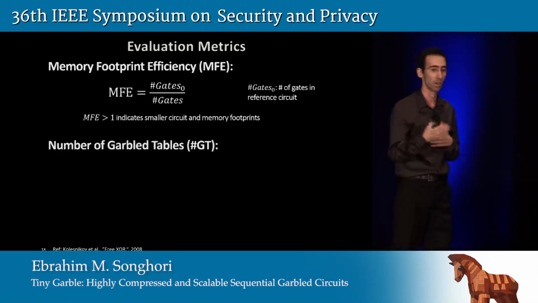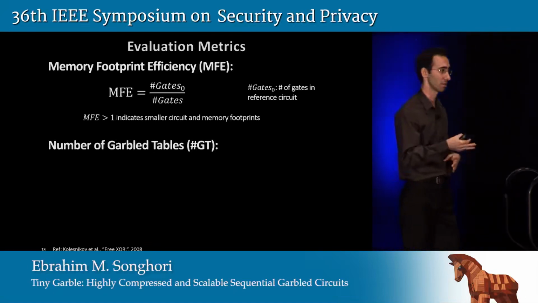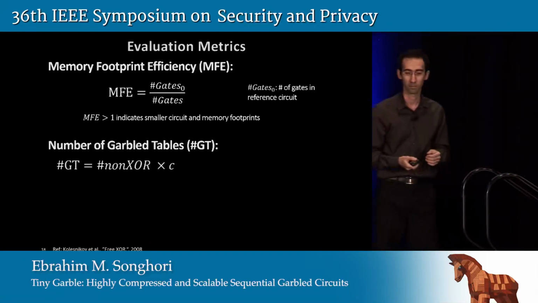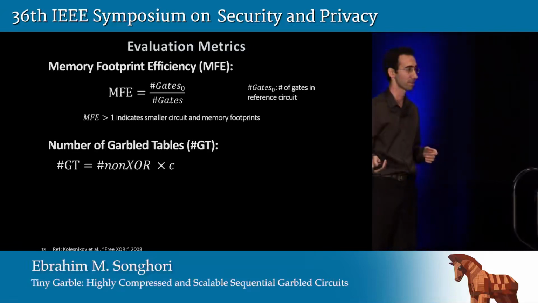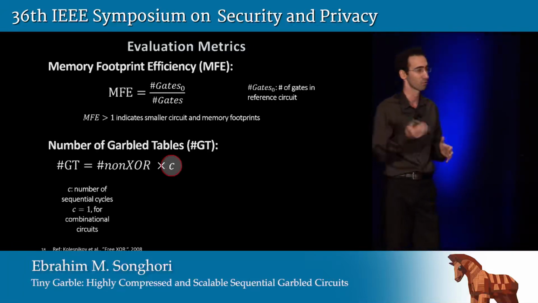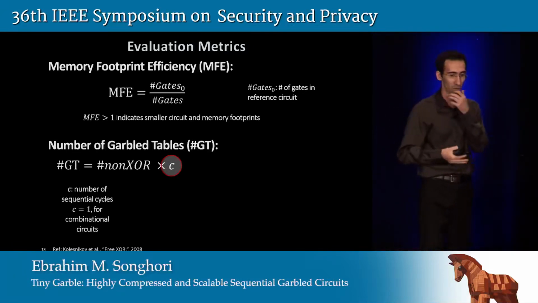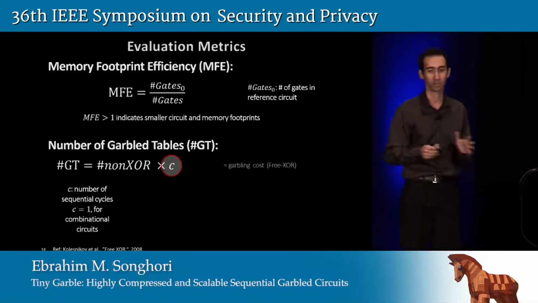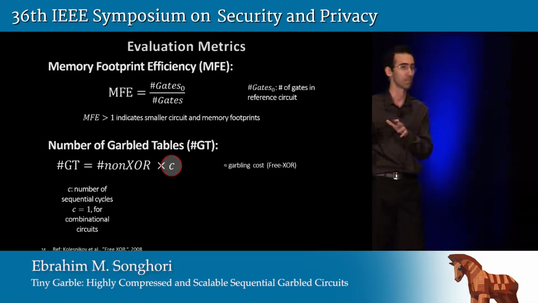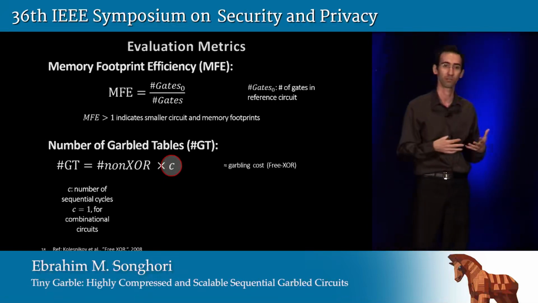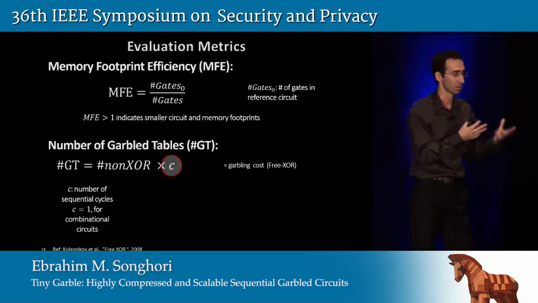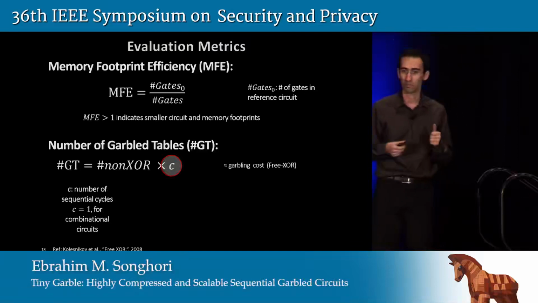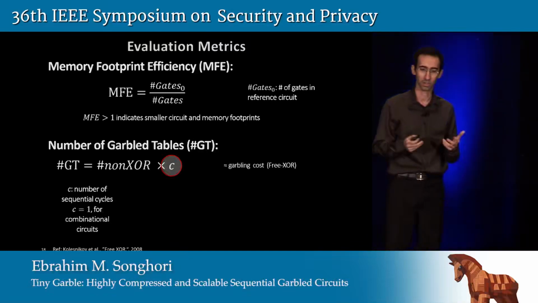The next one is the number of garbled tables that are generated during garbling, which is the number of non-XOR times C, where C is the number of sequential cycles. For combinational circuit, C is 1. Why the number of non-XOR? This is due to an optimization called free XOR that lets us garble only non-XOR gates, and XORs are free under this optimization.